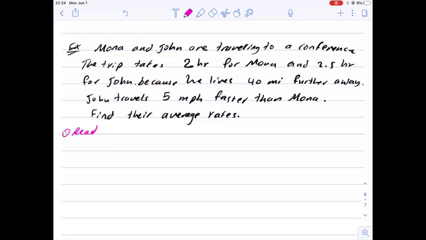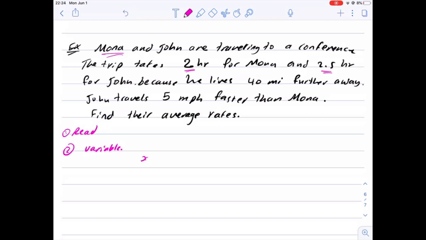Okay, now the first step is to read the problem. First read, and then we assign a variable. As we can see, we have 2 quantities. One of them is less than the other one. The 2 rates. Mona's rate is smaller than John's rate, because here we have 2, here we have 2.5 for John.